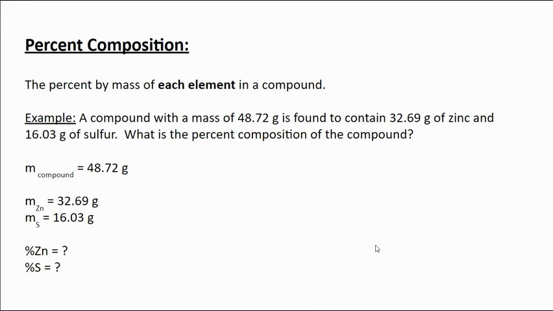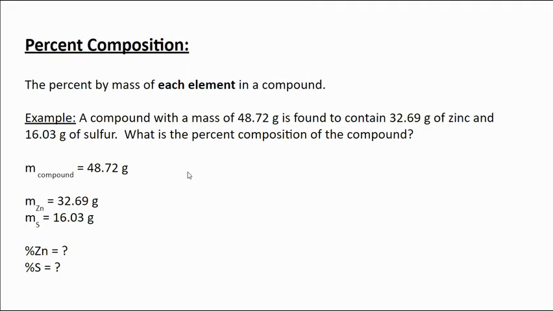Upon analysis, it's found to contain 32.69 grams of zinc and 16.03 grams of sulfur. If I add those two together, they add up to the 48.72, so these are the only two elements in this compound. What's the percent composition of this compound?